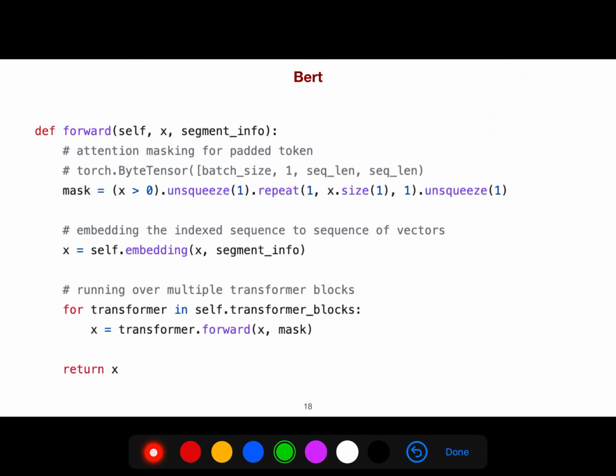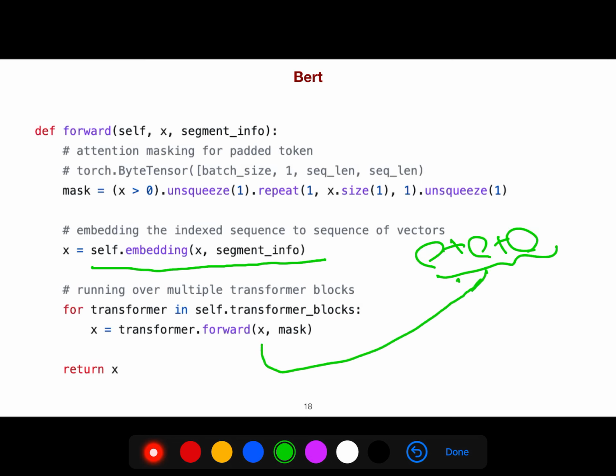The forward of BERT is very simple. You just embed the input, that is the sum of the three things, and give it to the transformer. The transformer gives the output, and this is the output of BERT.